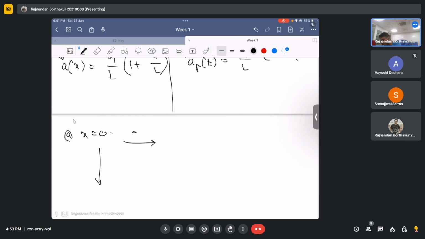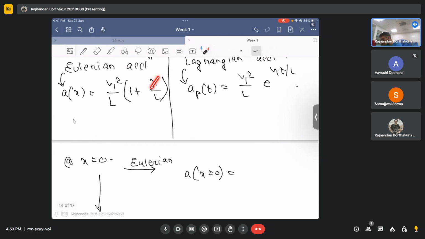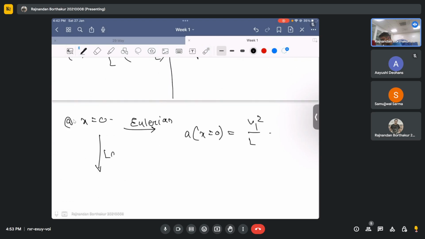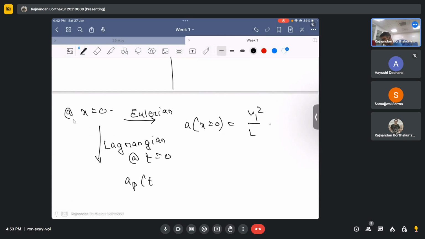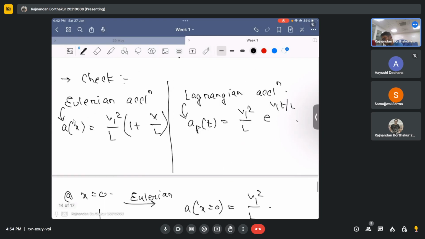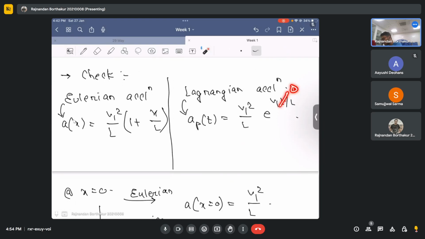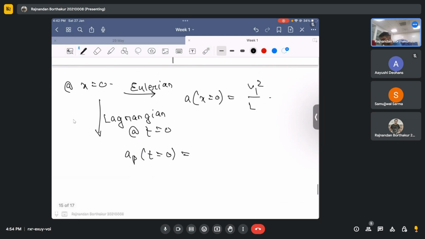The Eulerian acceleration at x equals 0, a at x equals 0, if you put x equals 0 here, simply comes out to be v1 squared by L. And the Lagrangian acceleration, if we evaluate it at t equals 0, a_p at t equals 0, if I put t equal to 0 here, simply comes out to be v1 squared by L. Okay.